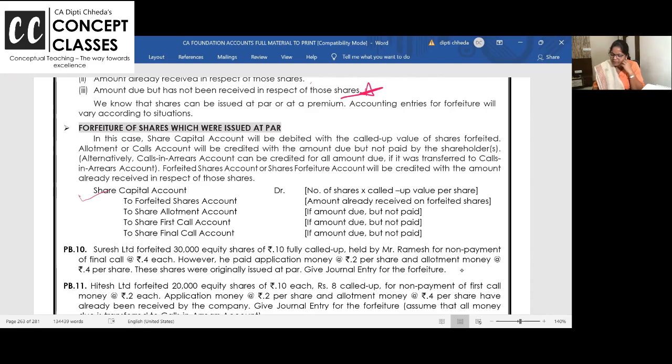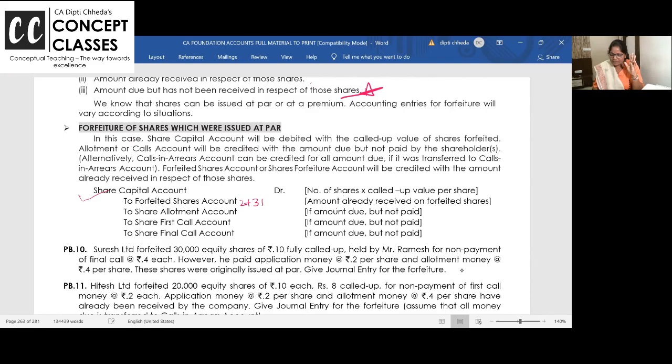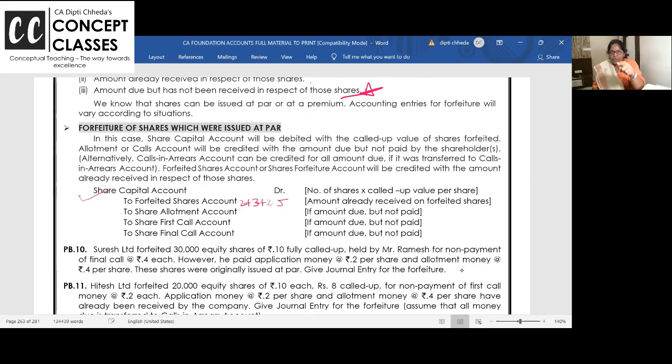Equity share capital debit called up. To forfeited shares, whatever amount you have received and forfeited: 2 rupees application, 3 rupees allotment, 2 rupees first call. Itna to you have paid, no, we will forfeit. And now 2 share, first call, final call, what is due but not received.